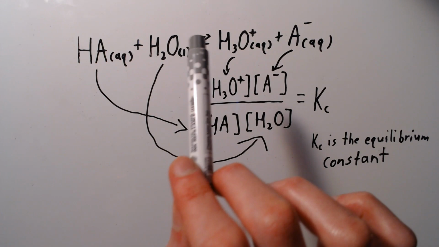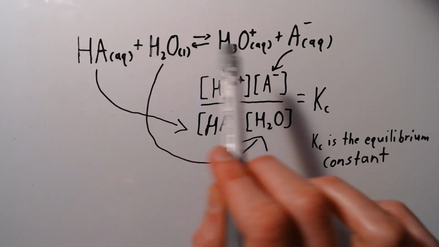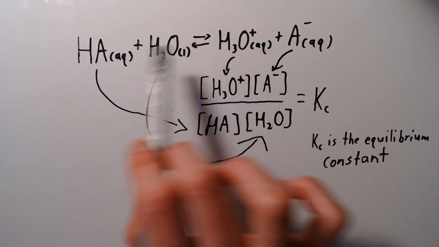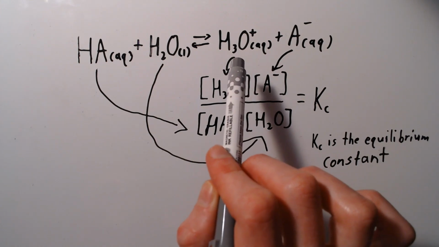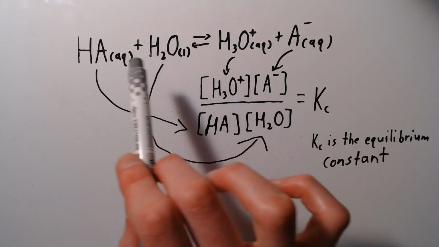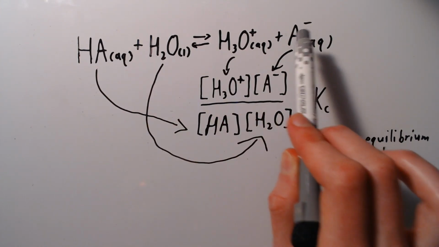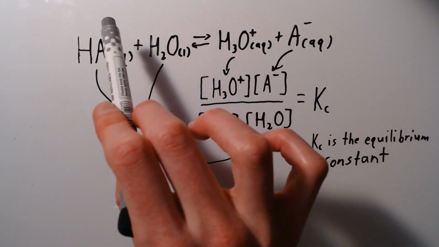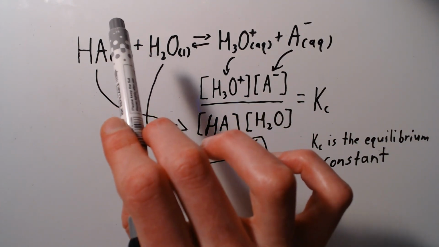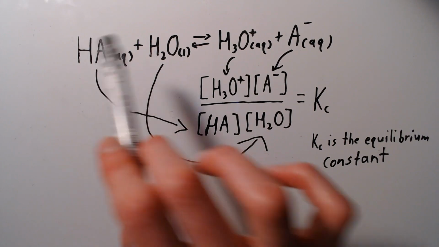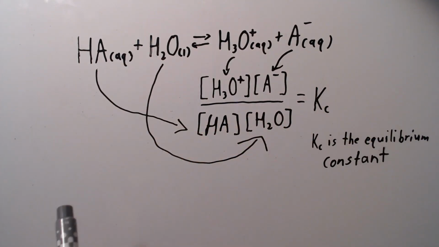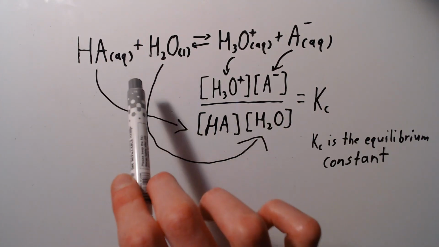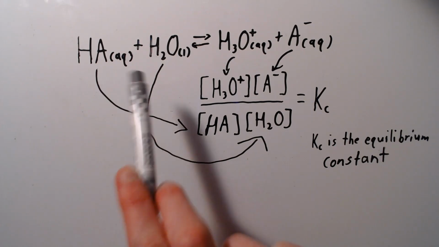And the reaction is complete when an equilibrium is established, meaning that the rate of the forward reaction and the rate of the reverse reaction are equal, and the concentrations of all of these substances remain constant at that equilibrium point.